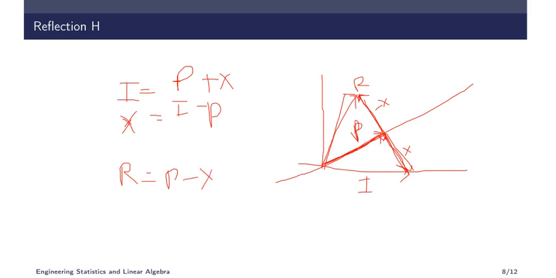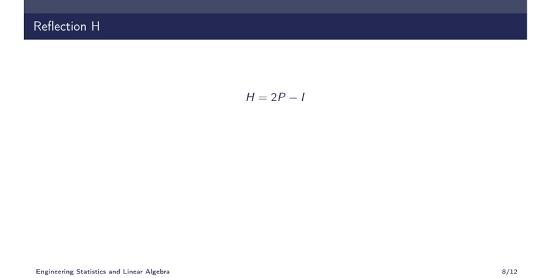Now substitute x here, so that will be P minus I, and minus minus becomes plus P, which is nothing but 2P minus I. So that is the vector we require, and that is what H is given as: 2P minus I.